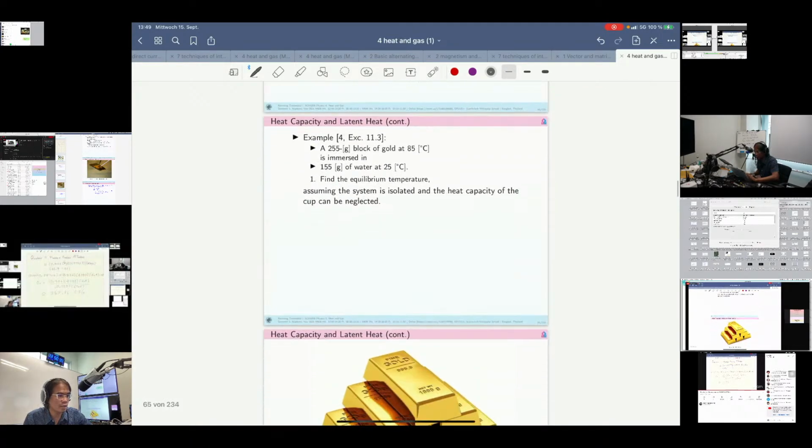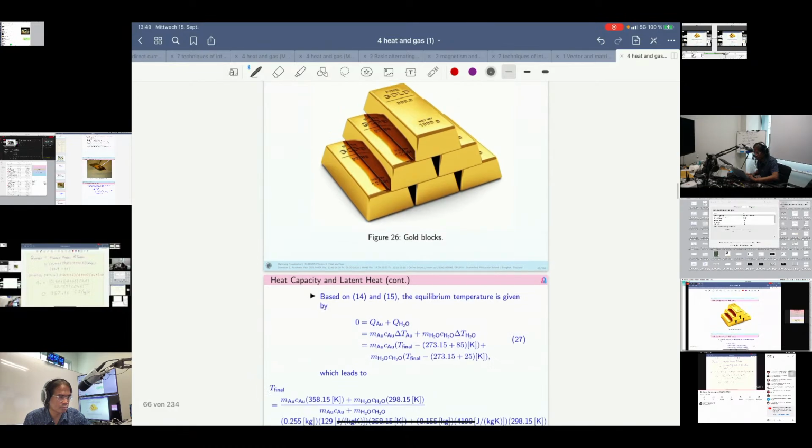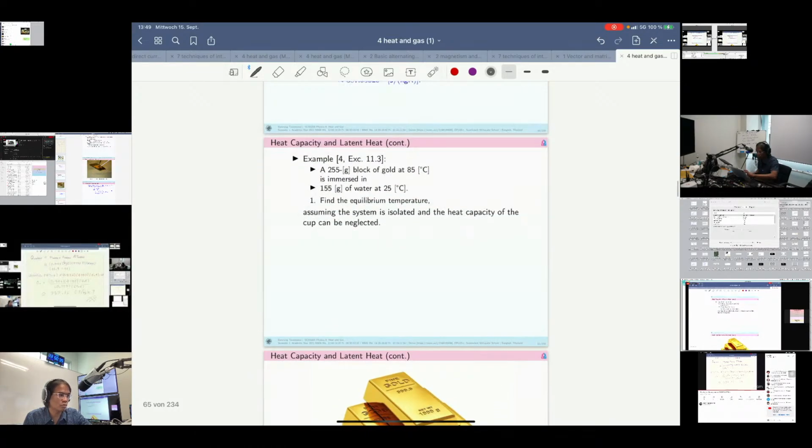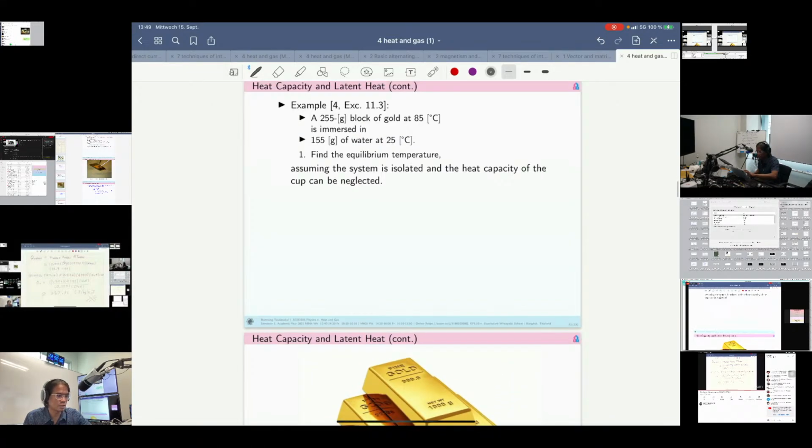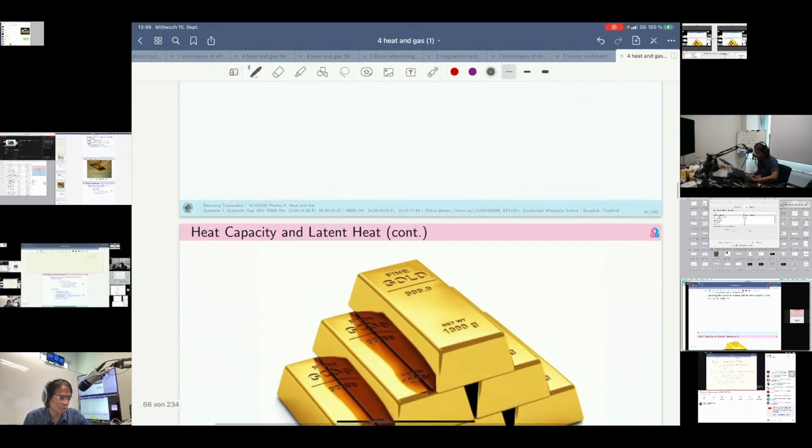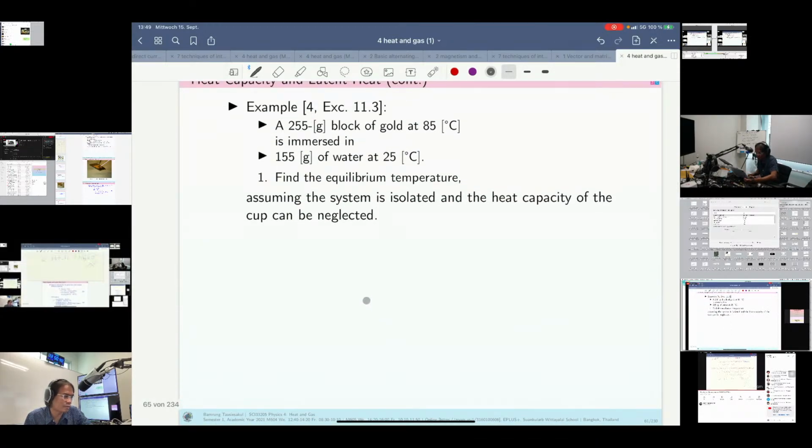So we go ahead with our next story. We have the gold. Okay, this is the gold block, pieces of gold. But we take only one piece, right? A 255 gram block of gold at 85 degrees, so it's quite high.